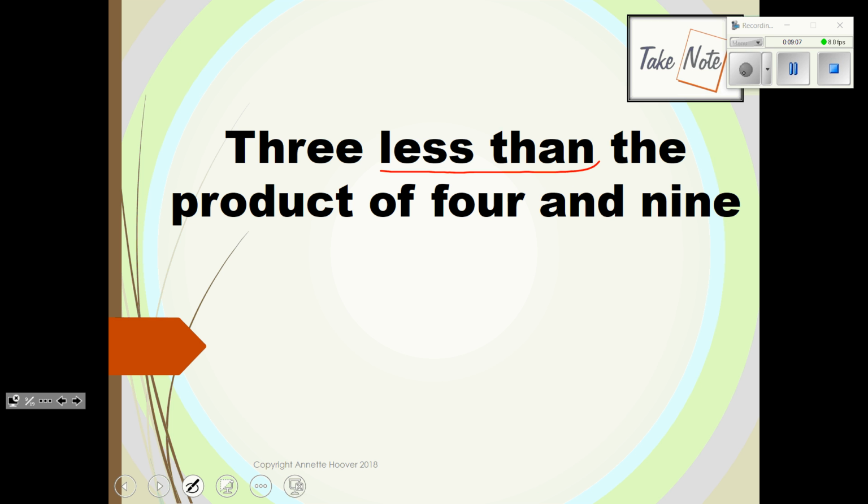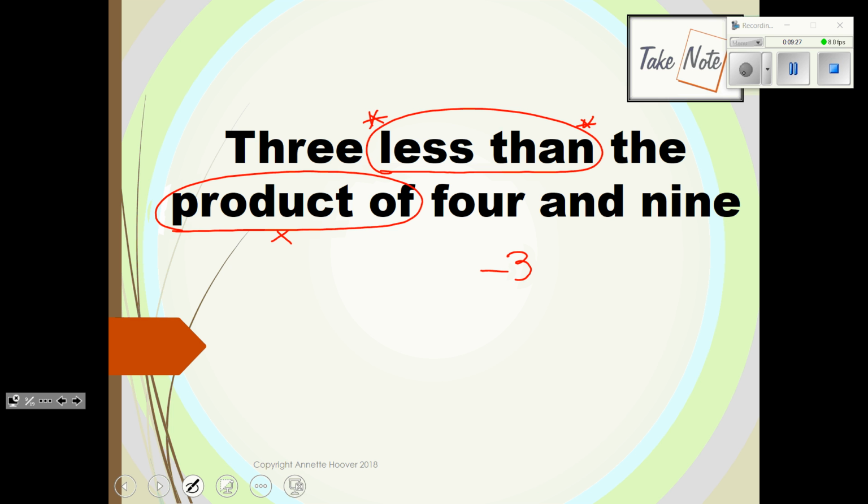Now you remember the phrase "less than," we had little stars, asterisks by, because if we want 3 less than something, that's going to actually be at the end of our equation because we're going to take 3 away from whatever we started with. The product of, we know that tells us to multiply. What are we going to multiply? 4 and 9, and that's going to become at the beginning.